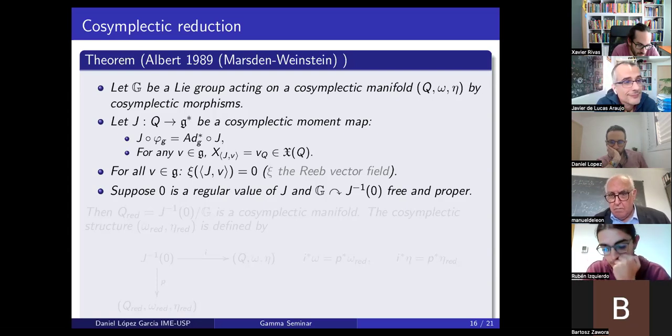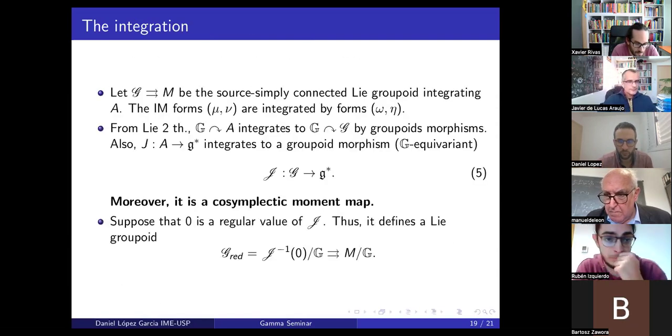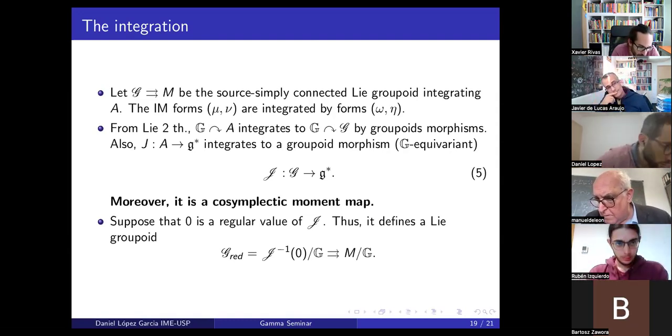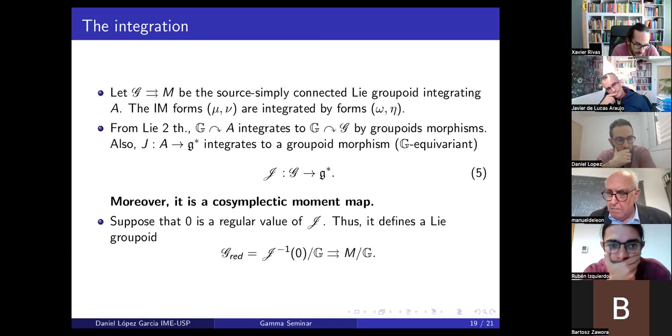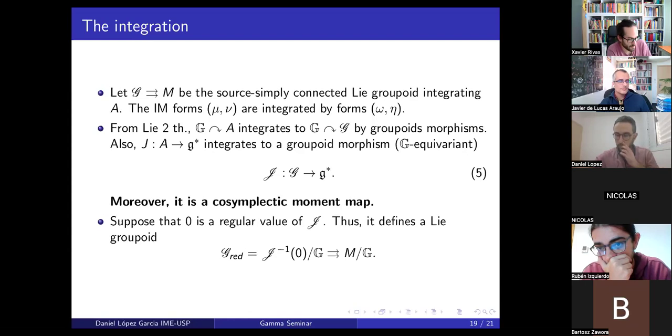Regarding my previous question about the 0 level of the momentum map, in the case of Lie groups you get a well-defined Lie group action on the level set, not necessarily the 0 level set. So I believe that in your groupoid setting, you should get some subgroupoid on the level set of the momentum map. Maybe I can say something about that.